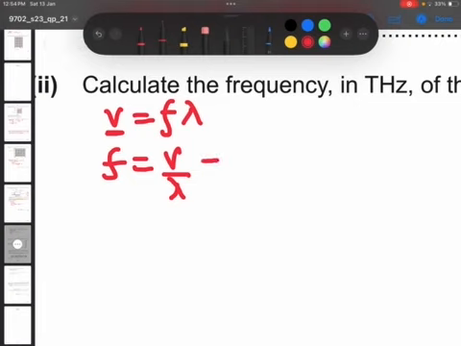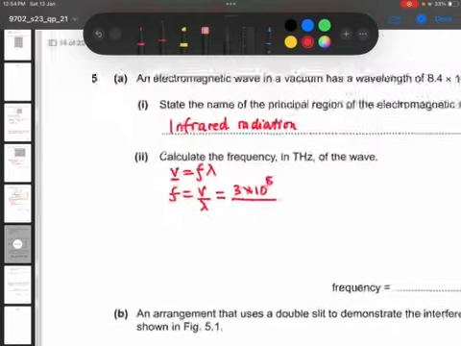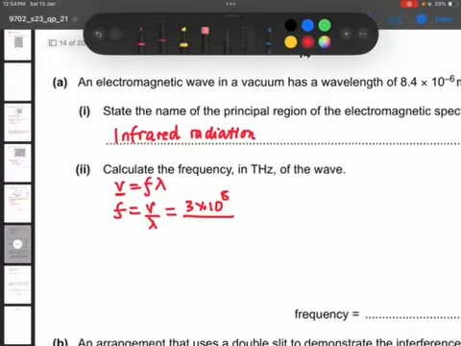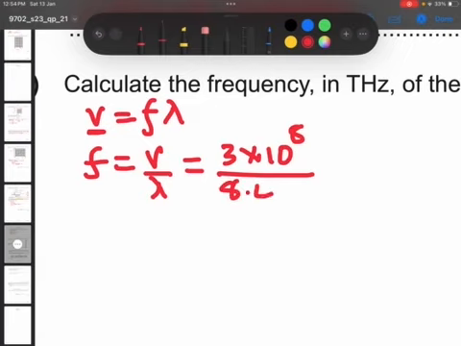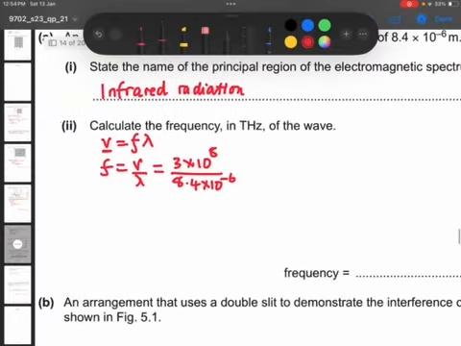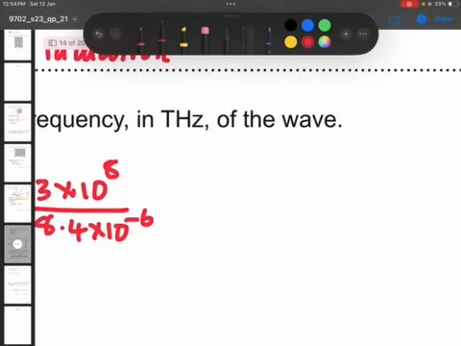The speed of electromagnetic waves is 3 times 10 to the power of 8, divided by the wavelength which you are given, 8.4 times 10 to the power of minus 6, which will give us our answer: 3.6 times 10 to the power of 13.